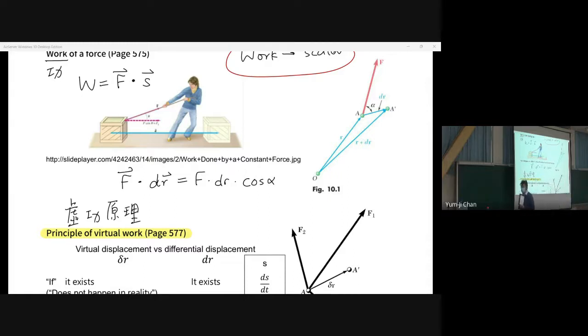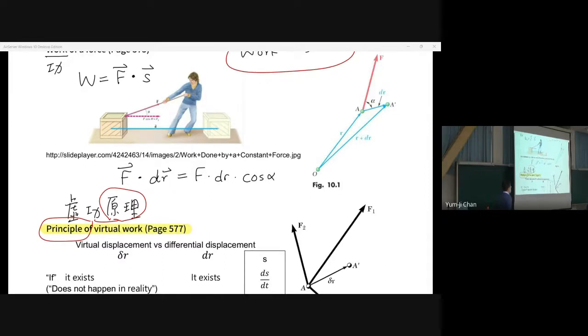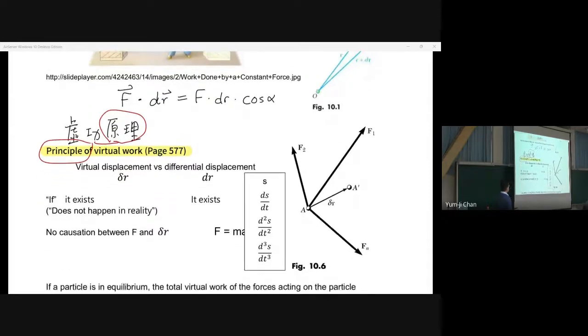Now, virtual displacement. Before I talk about this principle, let's talk about the difference between virtual displacement and differential displacement.